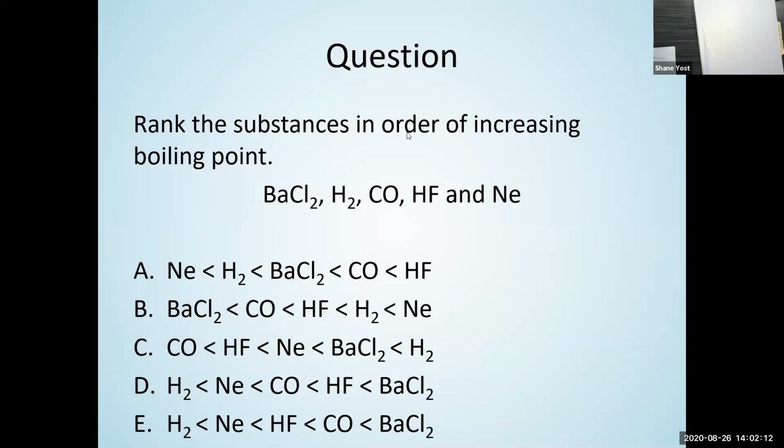All right, then we will get going on more example questions, more problems related with identifying intermolecular forces. So this very first question here, we want to rank these 5 different molecules from lowest to highest boiling point.